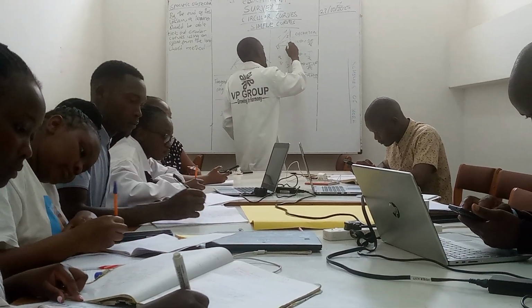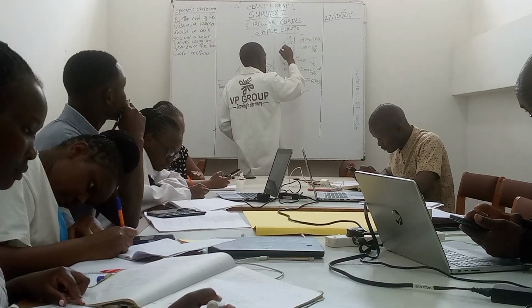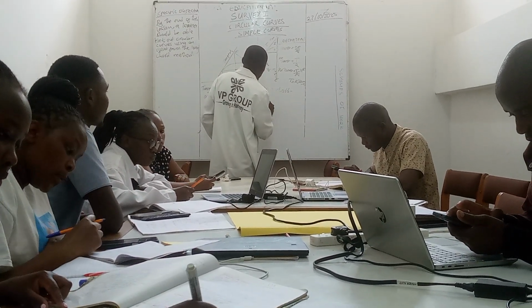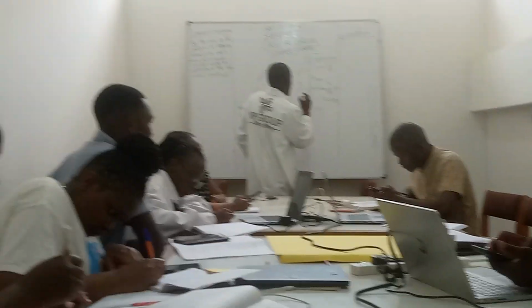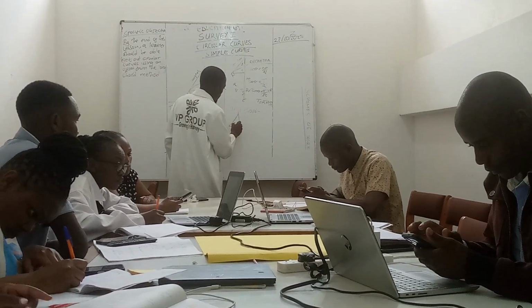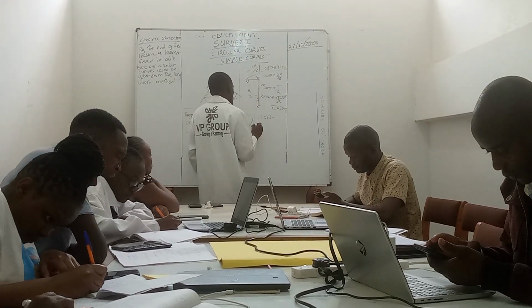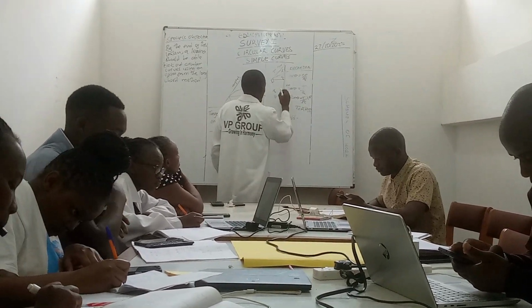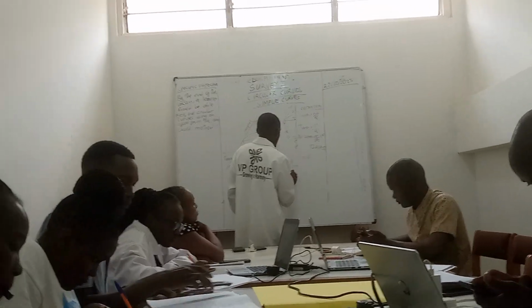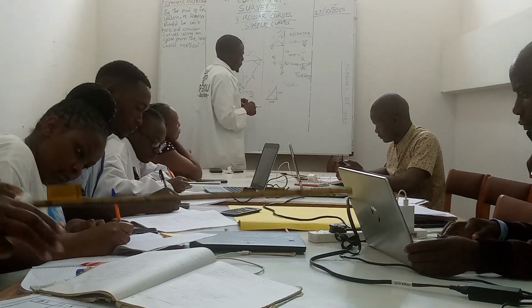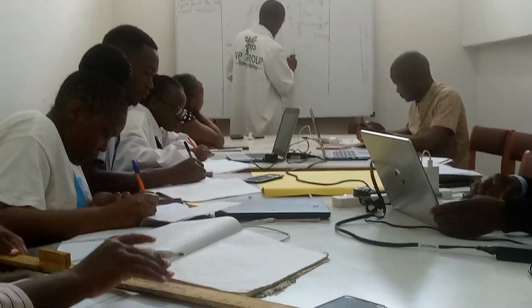Now we are going to use this small triangle. I can just take it here. This is the right angle, and this is the right angle. This is the opposite, and this is the adjacent. I'm trying to find the opposite.